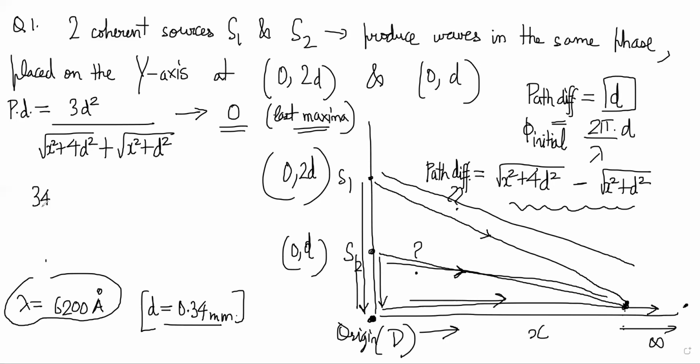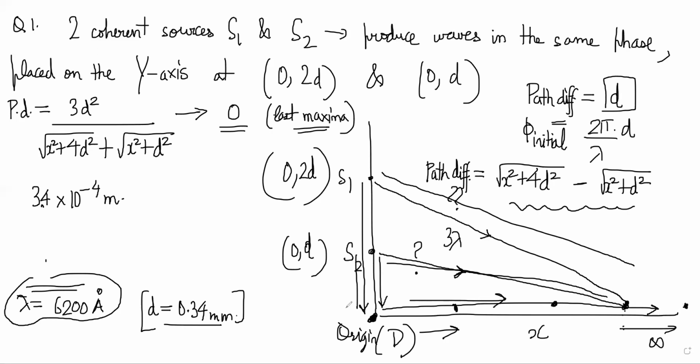34.34 millimeters. So 3.4 into 10 power minus 4 meter, right? This is what multiple of the wavelength? Because if the path difference was, let's say, 3 lambda here, and then it became 0 here, then you have one maxima here, one maxima at 2 lambda, one maxima at lambda, and one maxima at 0, right?